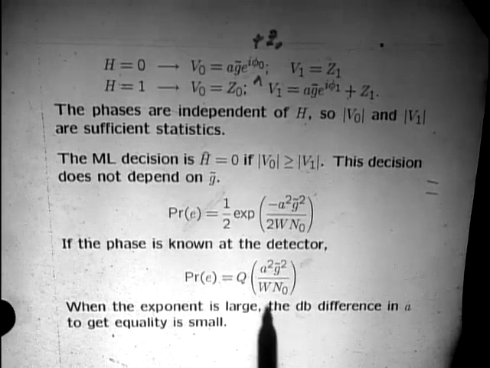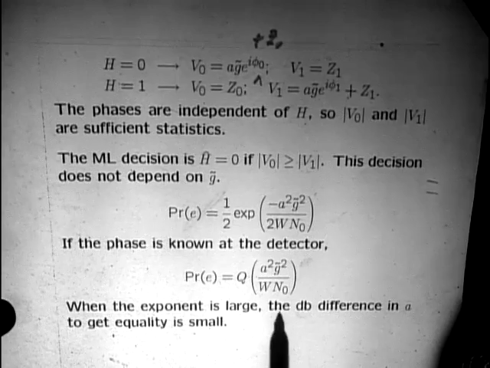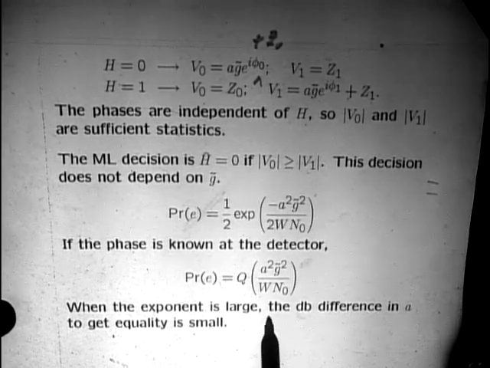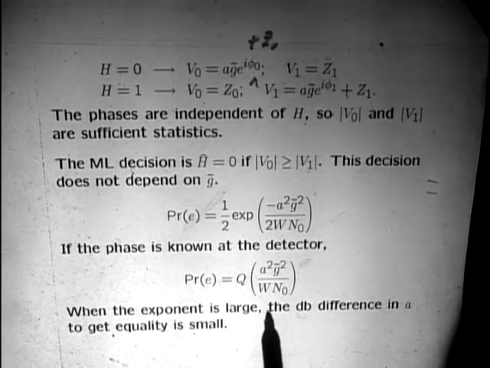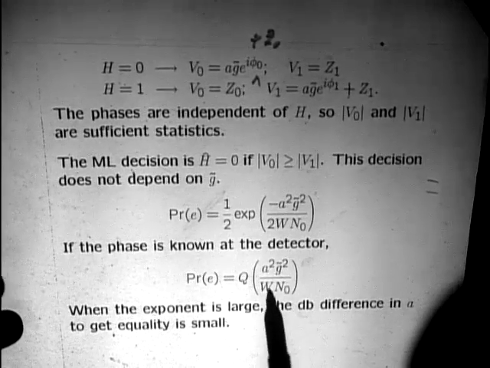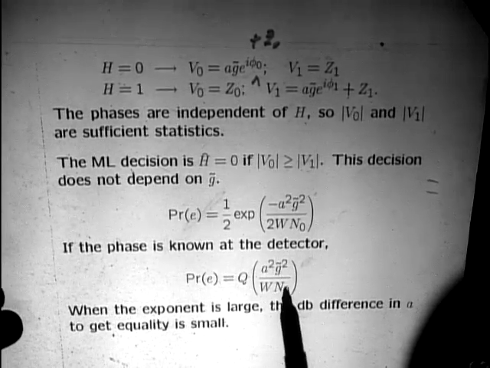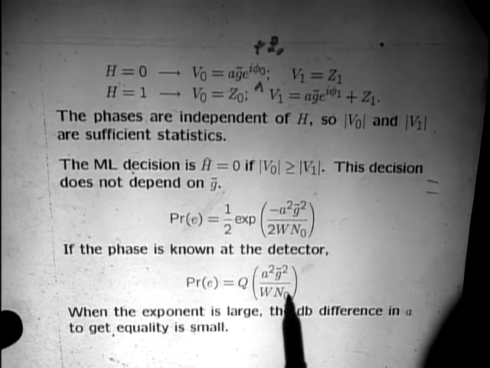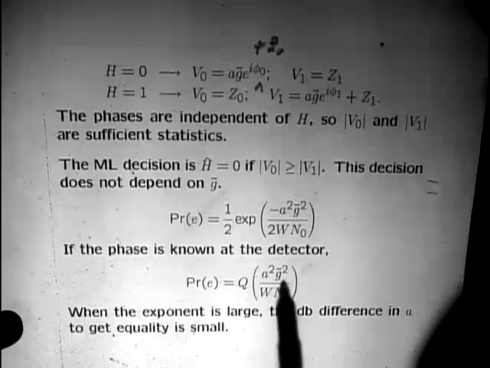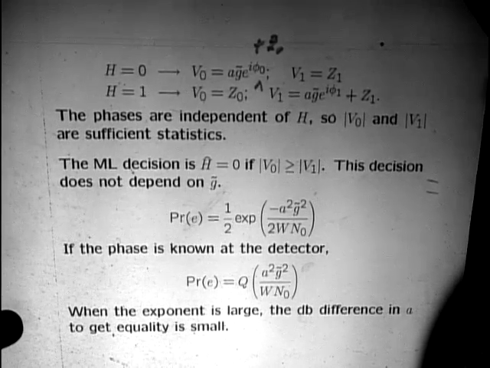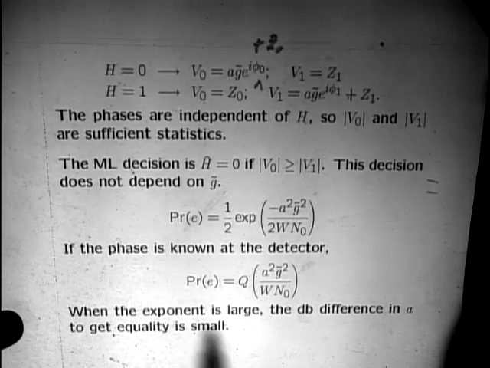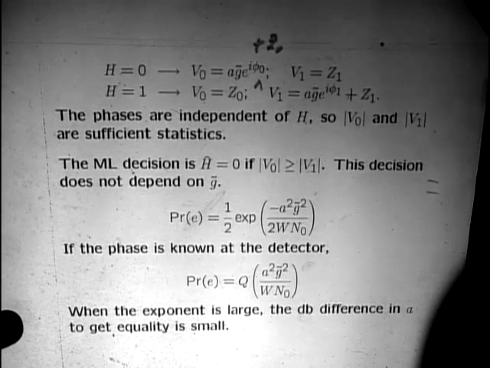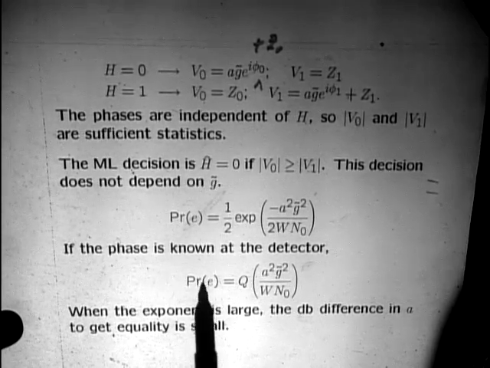On the other hand, when this quantity is large, a much better estimate is to have that estimate which has a 1 over the square root of pi times Wn0 over a squared g tilde squared in it. So we have that term extra, which says that when this is large, whenever we're communicating at all reasonably, this probability of error is much smaller than this probability of error.